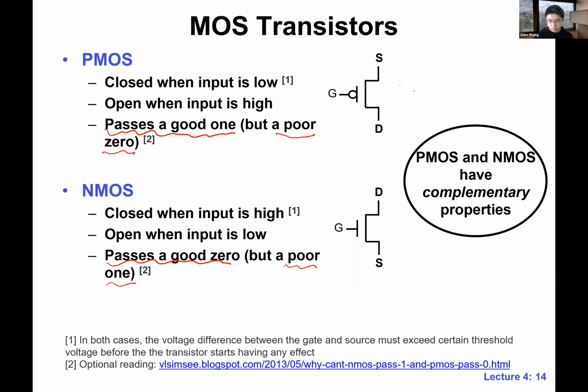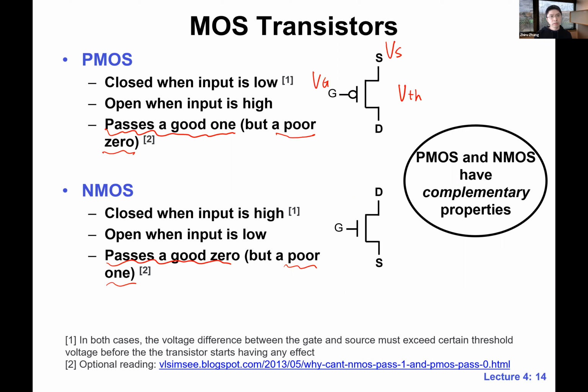The threshold voltage, VTH. For each transistor, whether it is on or off depends on the voltage difference between the gate and the source. If the difference between the gate and source is beyond the threshold, then it is on.